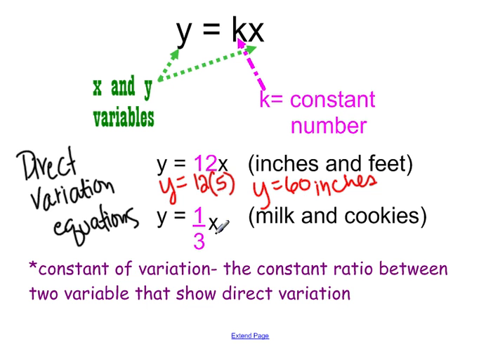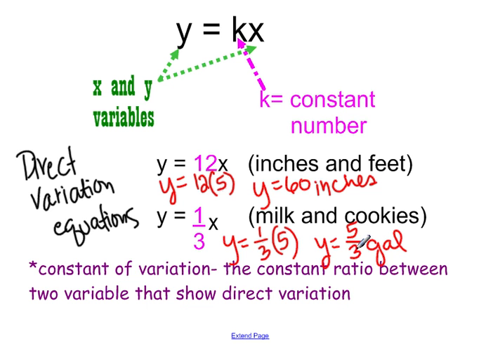I could do that same thing with the equation I wrote down here about the milk and cookies. How much milk I would be drinking depends on how many cookies I'm eating. If I wanted to know how much milk I would drink if I ate 5 packages of cookies, I'd plug in 5 there, and I'd find that my answer would be 5/3 of a gallon.